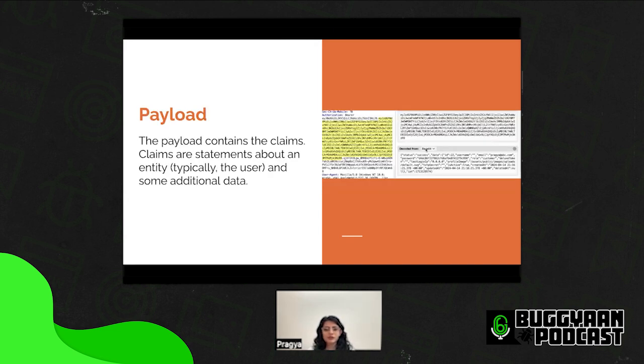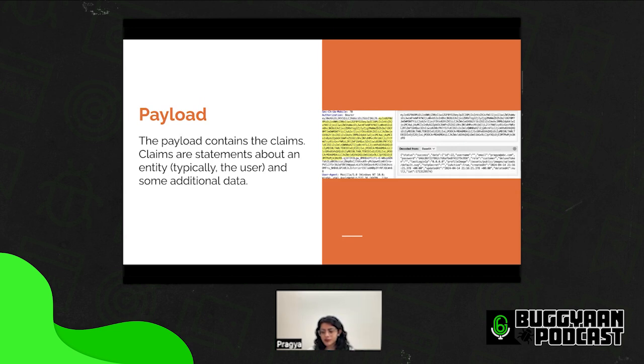Then the next part is the payload. This is the same token, and the second part is the payload, which I've highlighted here. It contains the claims, and claims are usually statements about an entity, for example a user. It's like metadata about the user for whom this token is. This is also base 64 encoded, and if you decode it, you can see the data: ID, username, email, role, all of this user data.